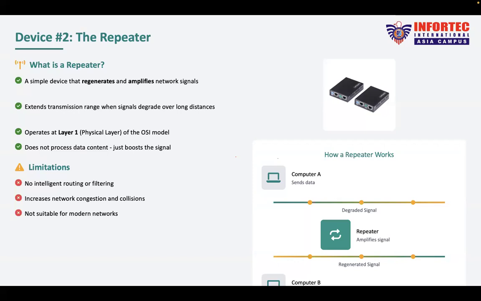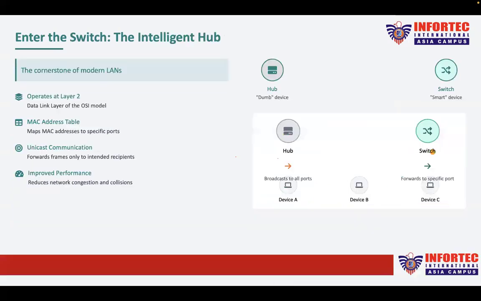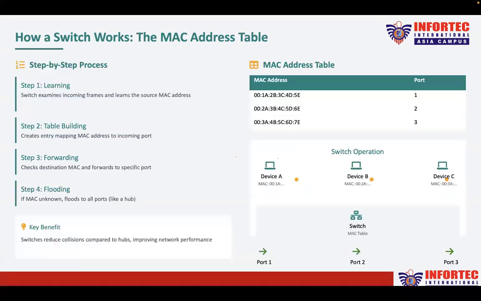It amplifies and regenerates your signal. Then we discussed the hub, where we want to connect multiple devices. Then the intelligent hub, which can do something more advanced than the usual hub.